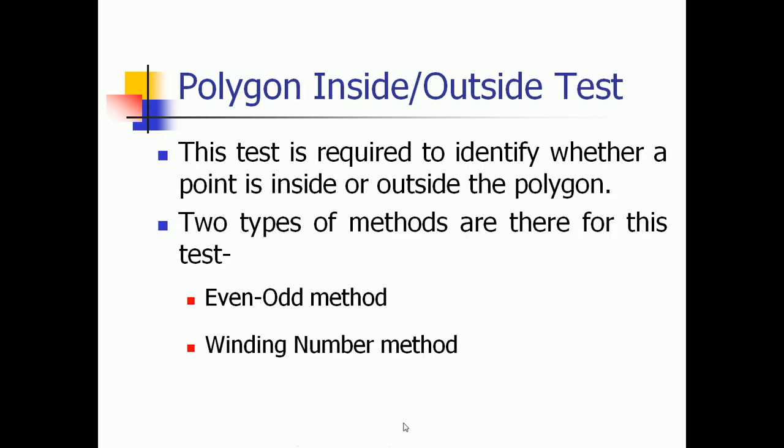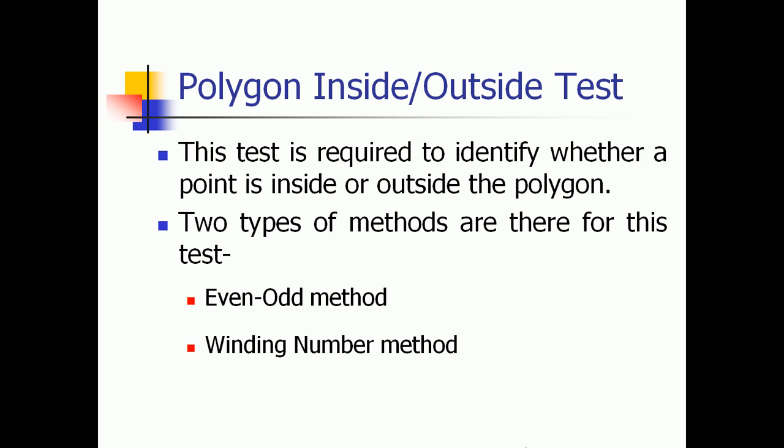Now coming to the next topic, the polygon inside or outside test. Why do we need to do this test? This test is generally required to identify whether a point lies inside or outside the polygon. And why are we doing this? When we move further in the session, there are some methods used to fill the polygon area.